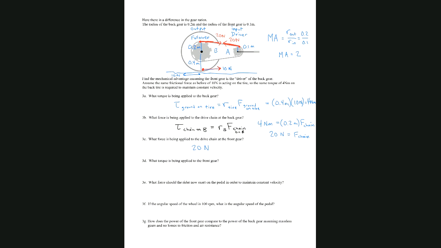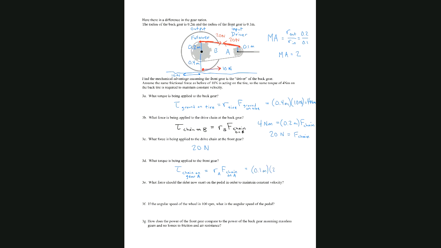We can show that quite simply by this calculation of the torque of the chain on gear A will be the radius of gear A times the force of the chain on A. Okay, so radius of front gear, 0.1.